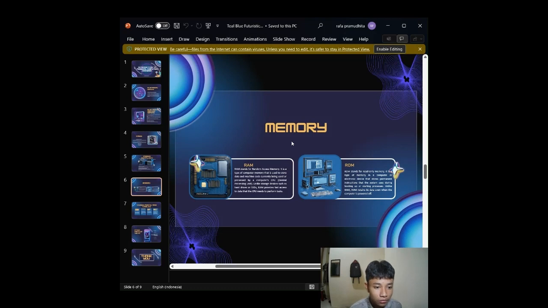Unlike RAM, ROM retains its data even when the computer is powered off.